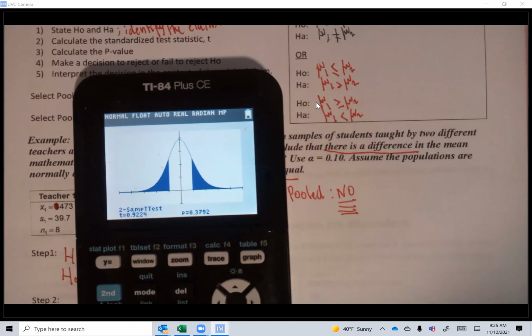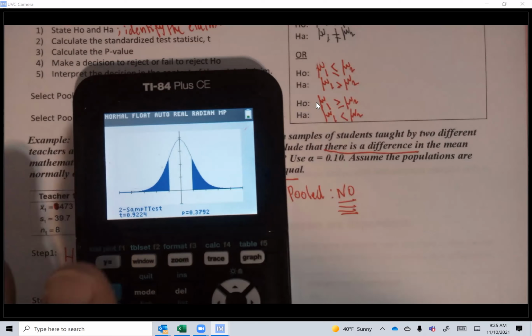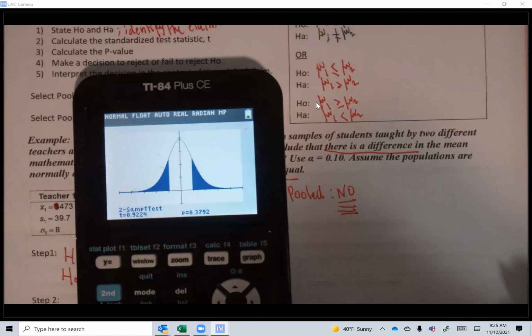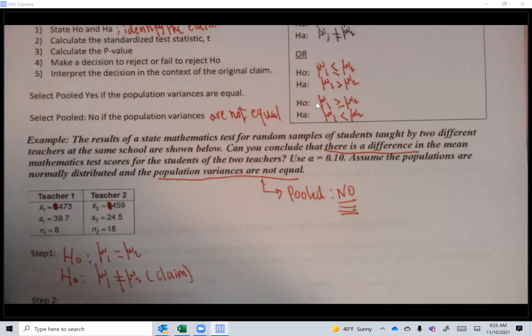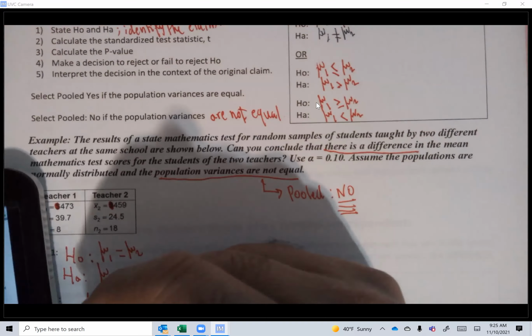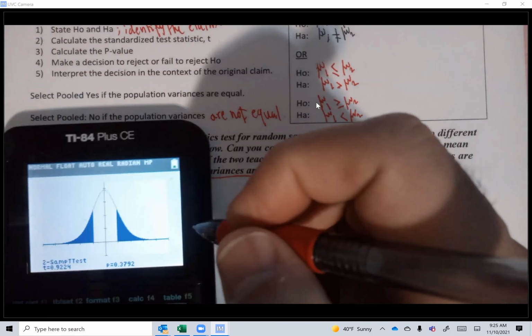So T is 0.9224 and the p-value is 0.3792. See, guys, now we're doing the same thing as before. You reject H0 or fail to reject H0. Step number 5, it's the same thing. So that to prove, you know, what I told you, how important chapter 7 was.